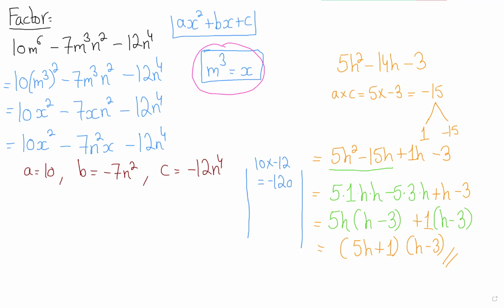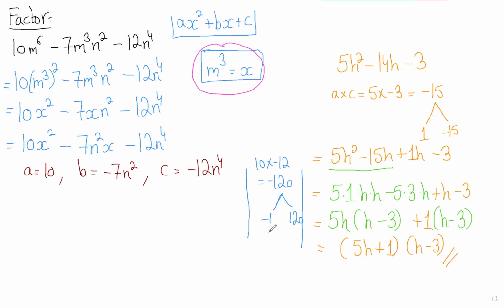Okay, what is the next step? The next step was we're supposed to look for factors of negative 120, right? And negative 120 has many factors, so let me identify some of those here. The factors are 1 and 120, and again, I'm going to ignore the negative sign for now. Actually, let me not ignore that: negative 1 and 120, right? Those are the factors.